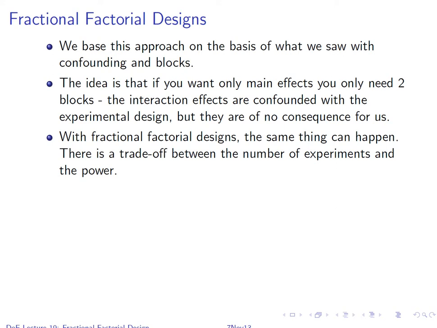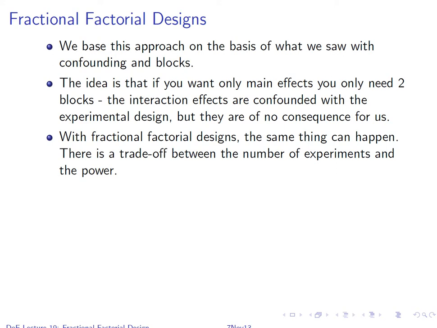In a fractional design, the same thing can happen. That is, when you measure main effects, as you'll see, they're confounded with the interaction effects from other variables, and we'll refer to this as aliasing later on. And this is a trade-off between the number of experiments and the power of the experiment.